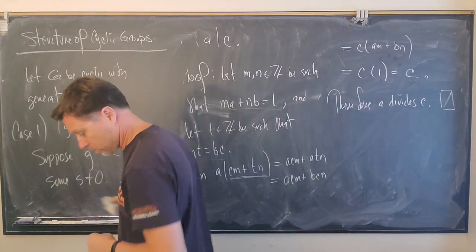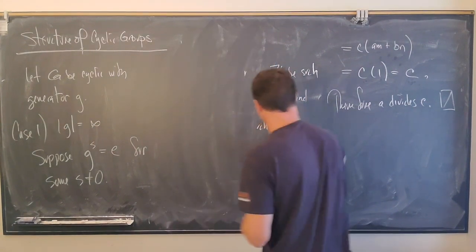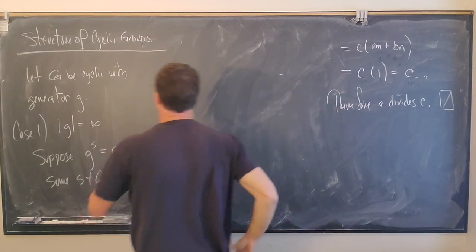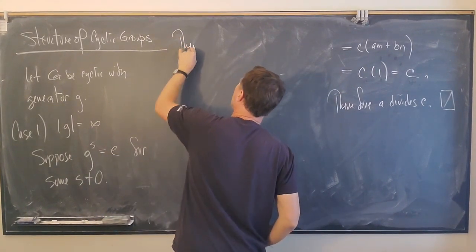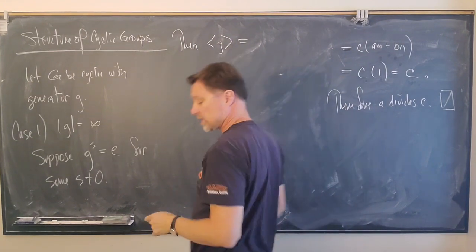Well then, if we look at the cyclic subgroup generated by g, what's that going to give us?